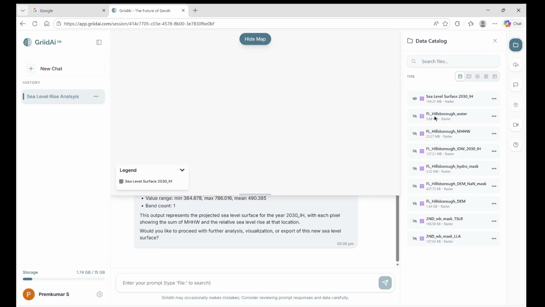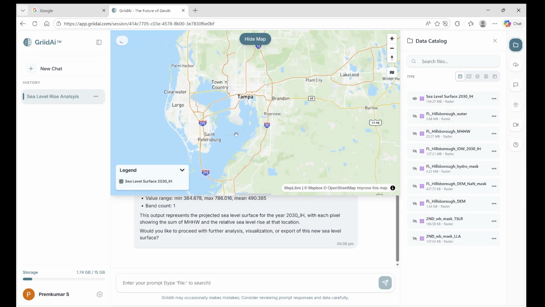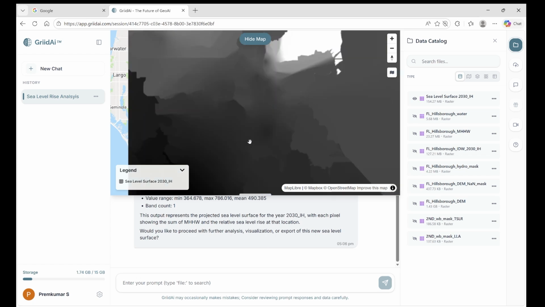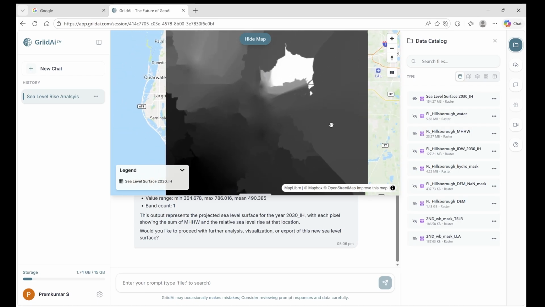And now if you wanted to visually see the file overlaid on the ground, here you could see the IDW files and the MHSW files have been added, and we have the final raster of it.